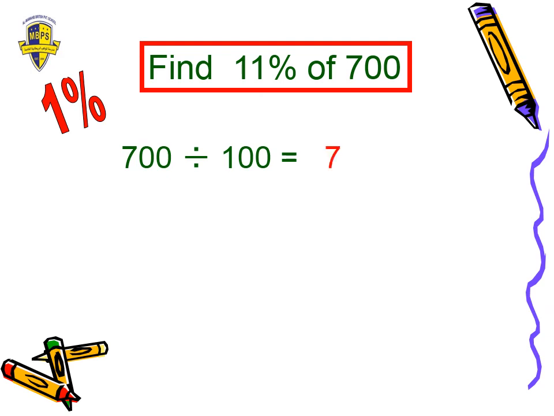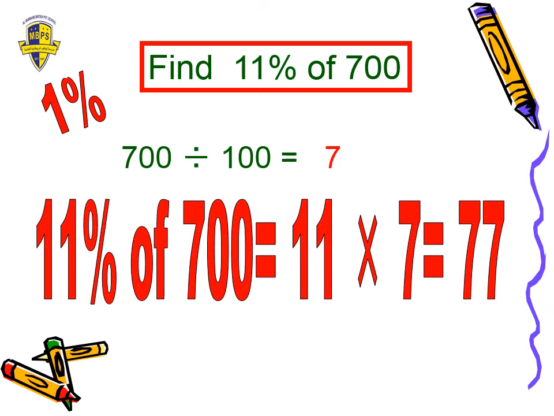Good job. Now to find 11%, we multiply 7 by 11. Excellent. 7 multiply 11 equal what? 77. Good job. So 11% of 700, this is 77.